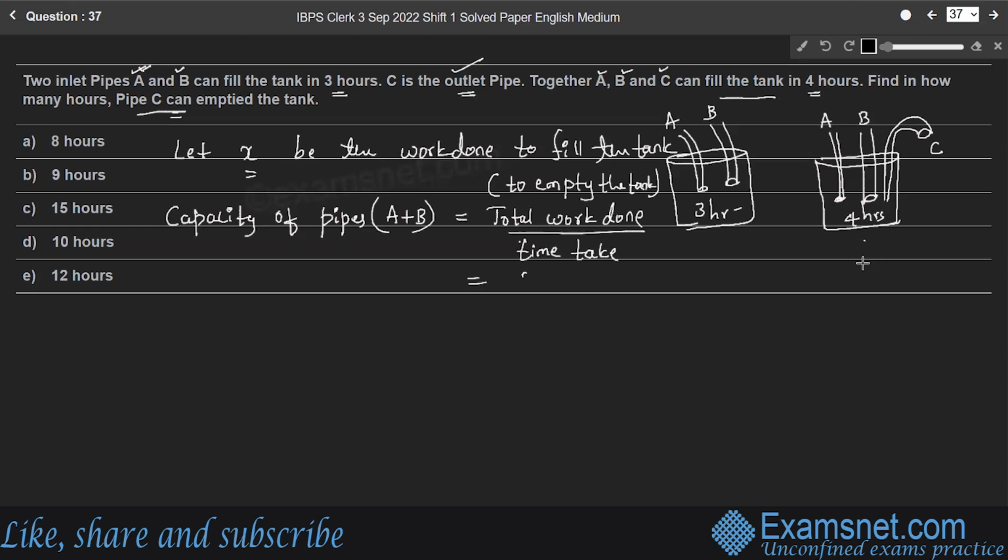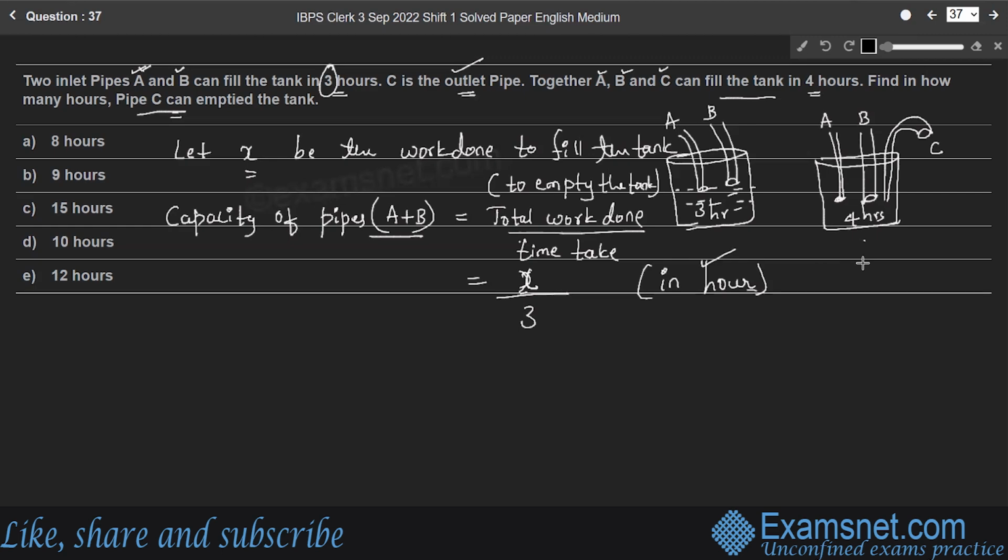So to fill the tank, X amount of work has to be done, divided by the time taken by A and B, which is 3 hours. So X by 3 is the capacity of pipes A and B. That means pipes A and B can fill some amount of water in the tank in 1 hour. X by 3 means work done divided by total time taken, that is their capacity in 1 hour, right?